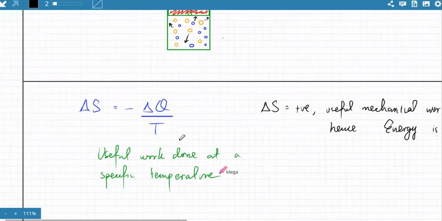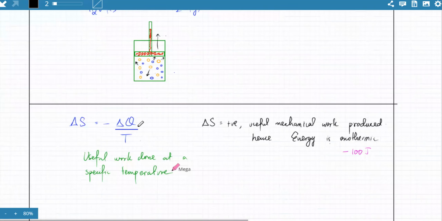So if I want to figure out how much work would be produced by steam at 500 degrees centigrade, I'm going to take temperature as 500, and figure out how much the piston would move, how much useful work would be produced by steam at 500.